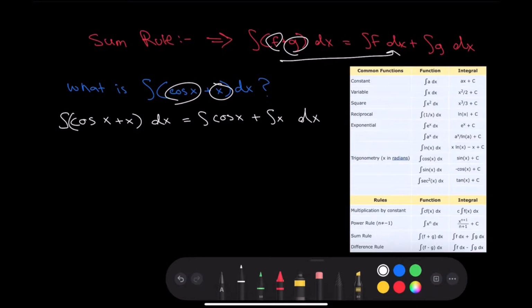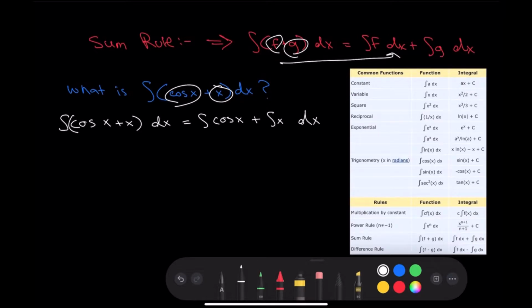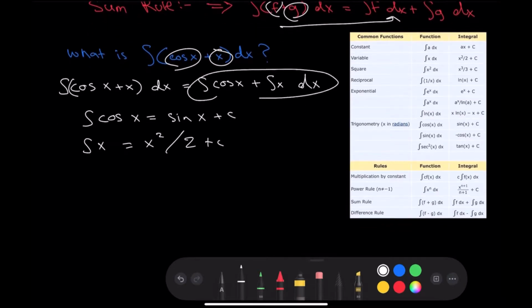So we have integral of cosine x is equal to sine x, and then we add the plus c, and then integral of x is equal to x powered by 2 over 2 plus c.